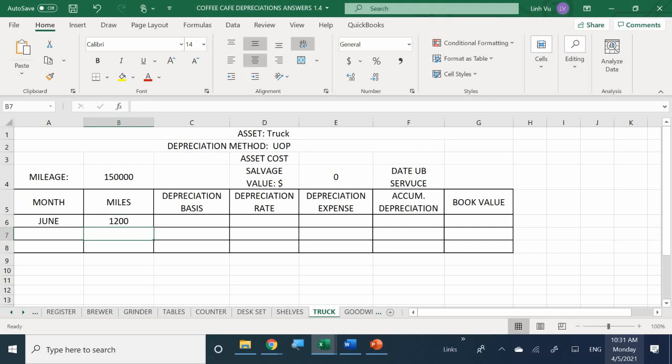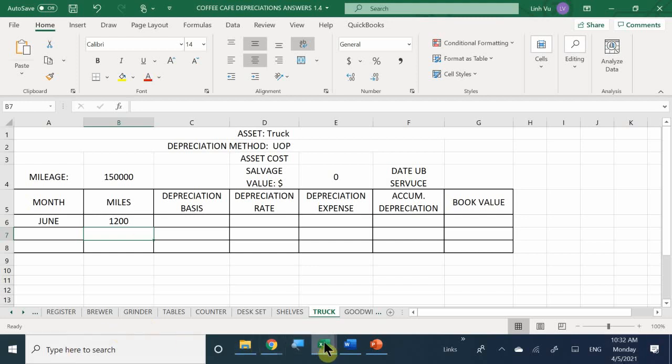Now, we're missing 2 components. We're missing the asset cost and when we actually place into service. So, where can we find this particular piece of information? Ledger.